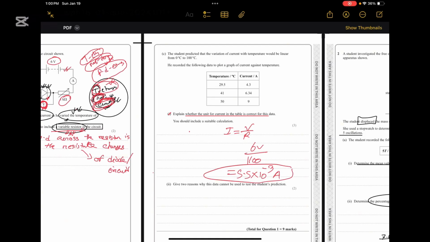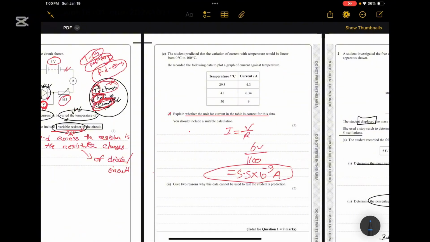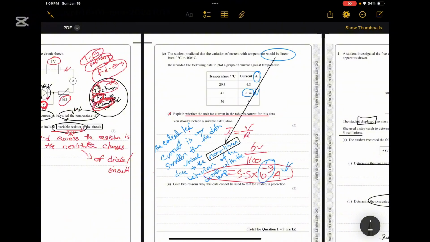Now we have to draw a conclusion. The conclusion will be that this calculated current is very small. It is way smaller than this value, because those are in ampere and this is in 10^-3 ampere.